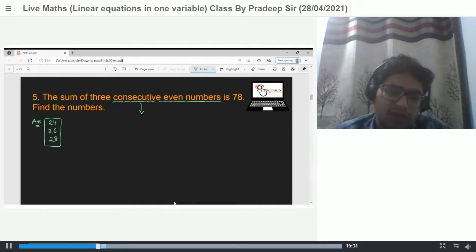Let's say the first number is x, so the next number is x plus 2, and the next number is x plus 4. And their sum will be 78. If you simplify, you will get x equal to 24. It means the numbers are 24, 26 and 28.